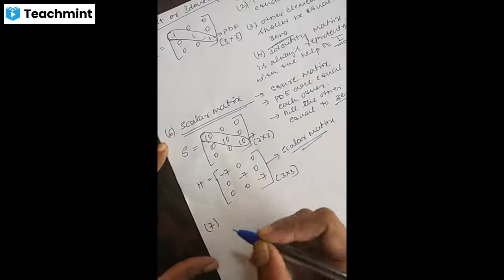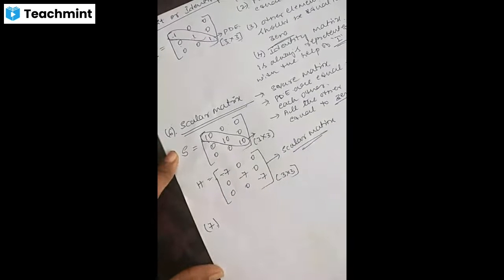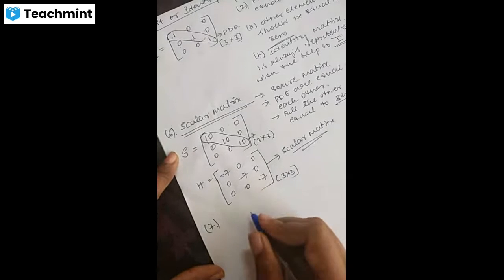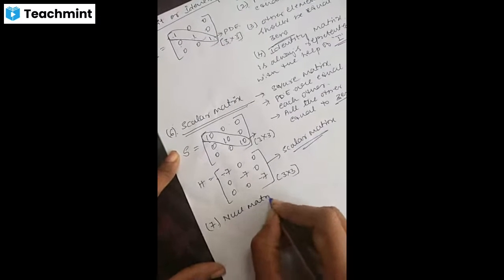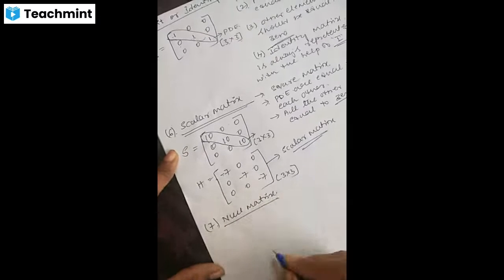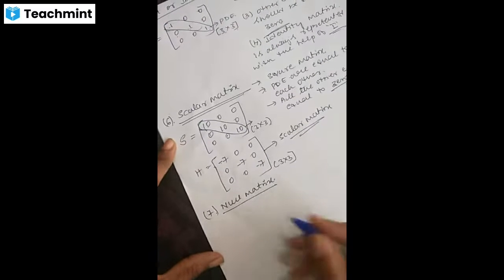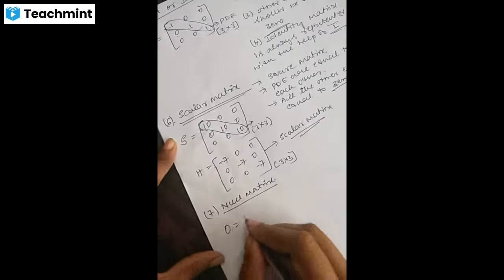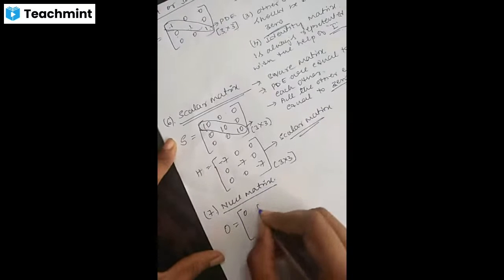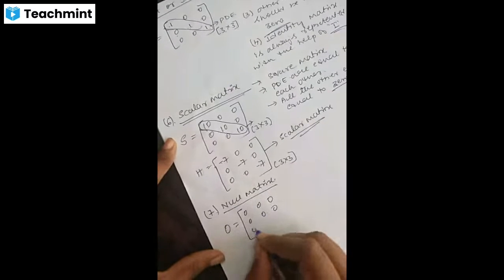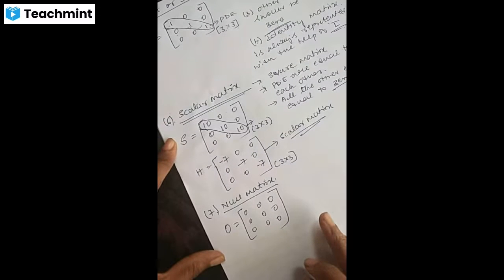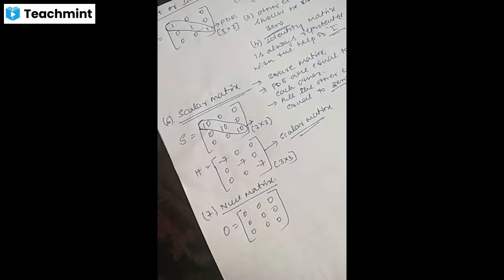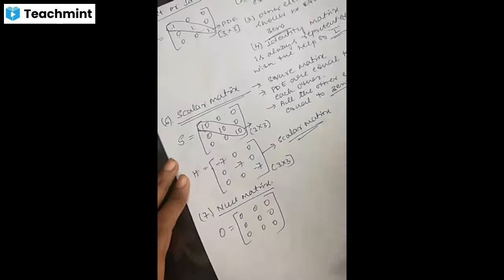And let's move on to the next type, that is very easy matrix, that is null matrix. Null matrix or the zero matrix. Zero matrix always represents with the letter O. All the elements in a matrix are equal to null, zero.